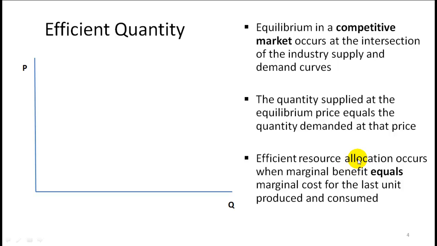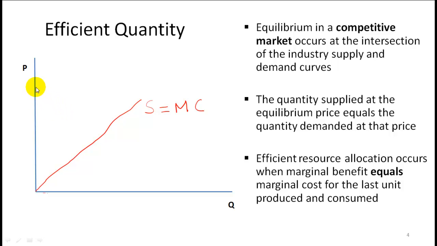Okay, let's now talk about the concept of efficiency, and we will do so in the context of competitive markets. So what is the efficient quantity in a competitive market? To understand efficient quantity, let's say that this is your supply curve, and this, as we have just discussed, is similar to your marginal cost, the cost of producing one additional unit.